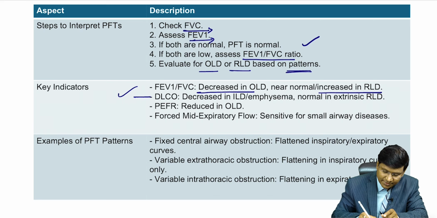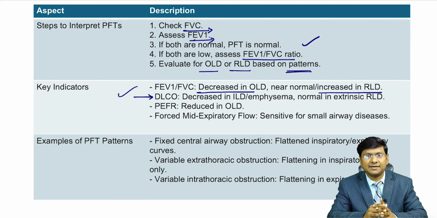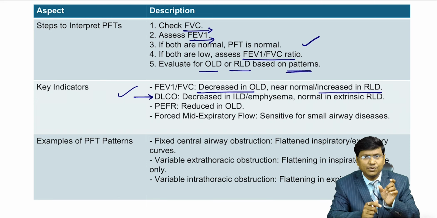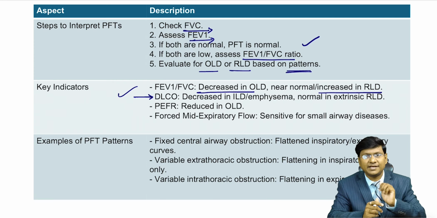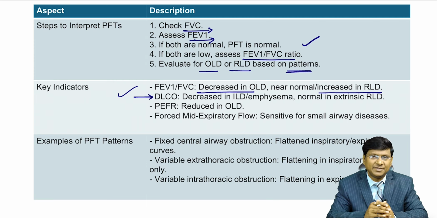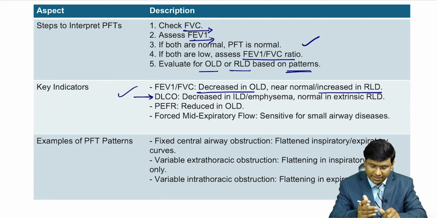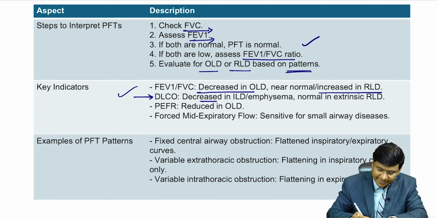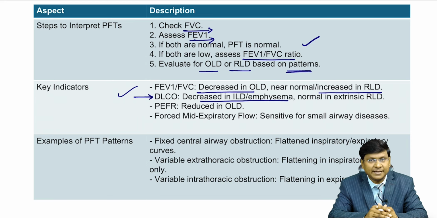Then coming to the diffusion capacity of the lung for carbon monoxide, the DLCO is considered normal in extraparenchymal types of restrictive lung disease, but it is decreased in intraparenchymal types of restrictive lung disease. Whereas in obstructive lung disease, it is decreased in the case of emphysema.